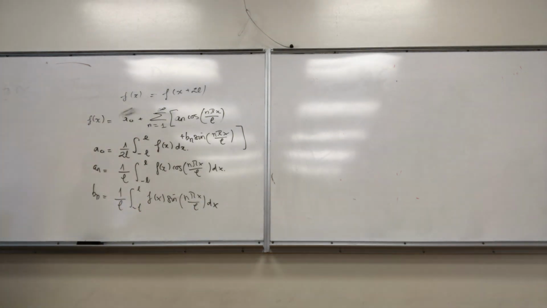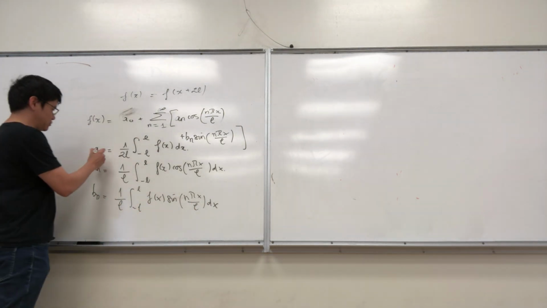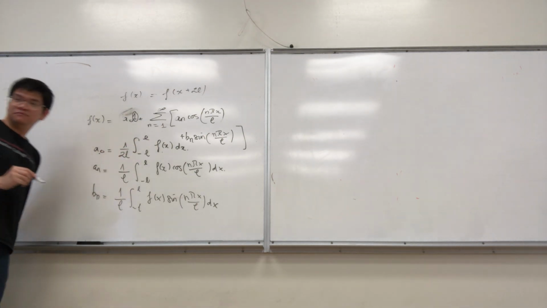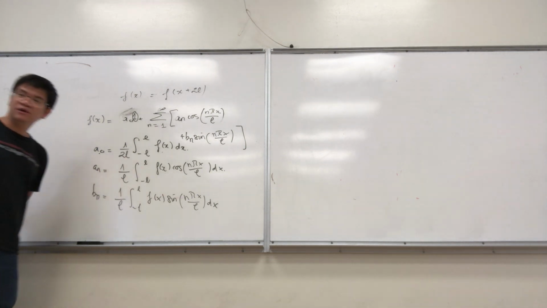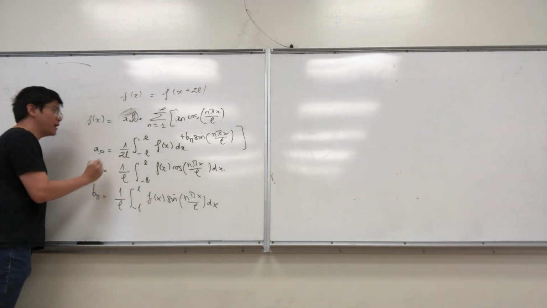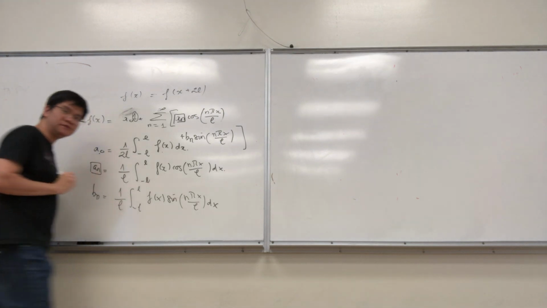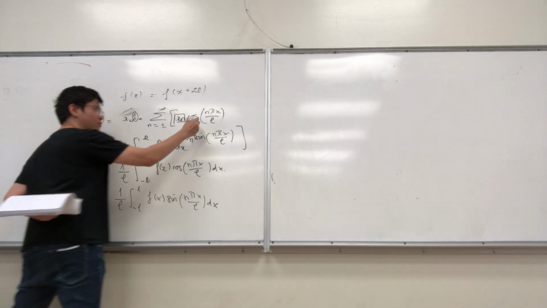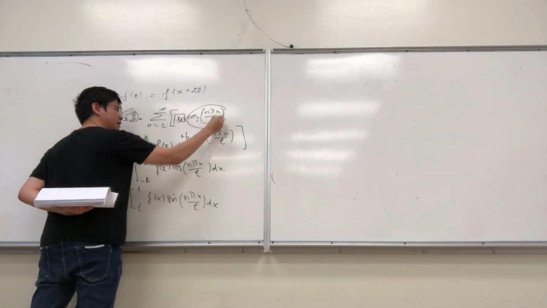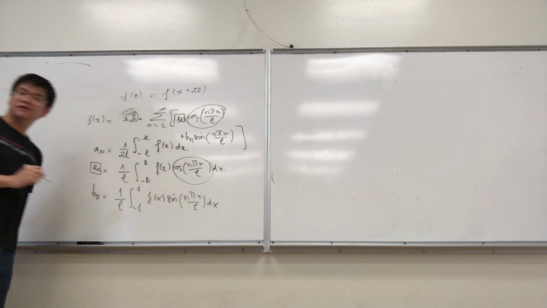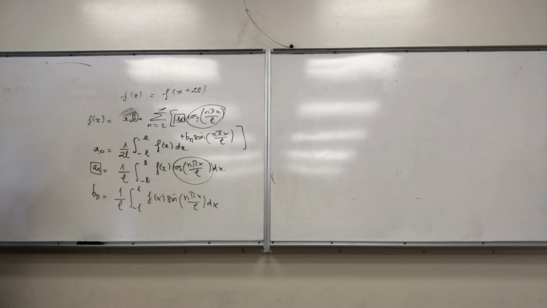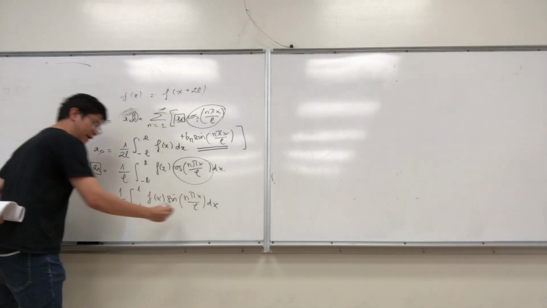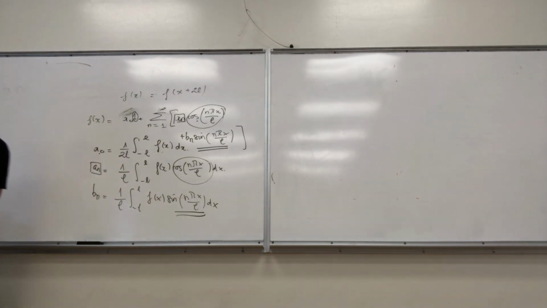Alright, so how do you remember those formulas? A0 is the product of f with the function 1 here, and you divide by 2L, right? And what is an? An is the coefficient here. You compute an by multiplying f with this function, so this guy will go here. And to compute bn, you multiply the function f with the sine.